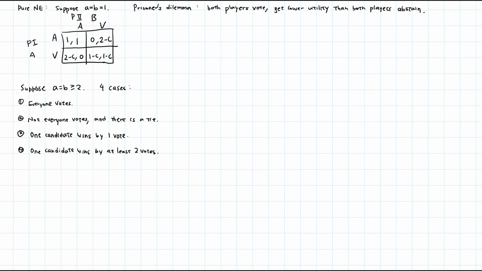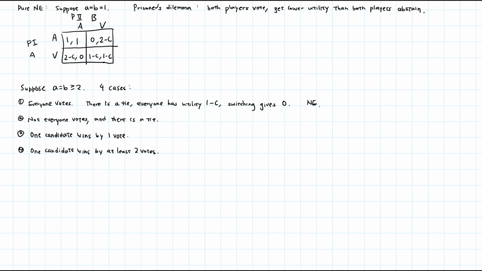In the first case, suppose that everyone votes. Then there is a tie and everyone has utility 1 minus C. If anyone decides to switch and abstain, then their candidate loses and they will get utility 0. So there is no incentive for switching, so this is a Nash equilibrium.